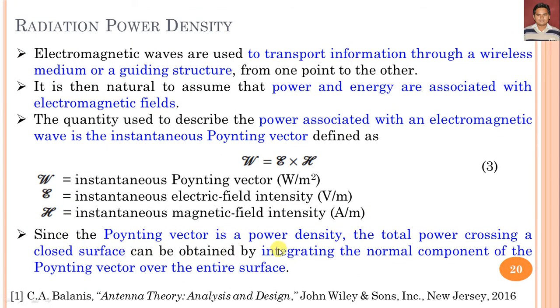Since the Poynting vector is a power density function, the total power crossing a closed surface can be obtained by integrating the normal component of the Poynting vector over the entire space. So this is the way through which we can calculate the total power crossing a closed surface.